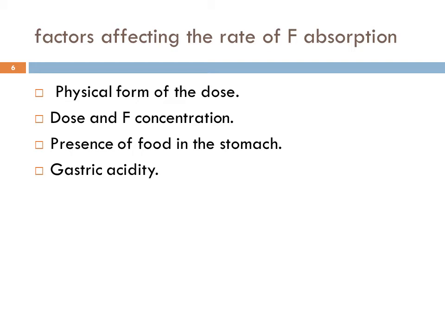The last factor is gastric acidity. As a rule, the rate of absorption of the fluoride from the stomach is pH dependent. In other words, there is greater absorption at a low pH and lower absorption at a high pH.